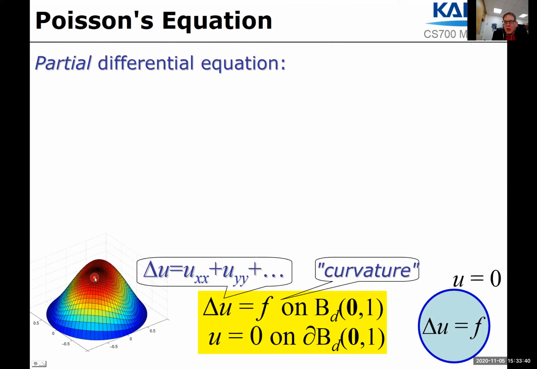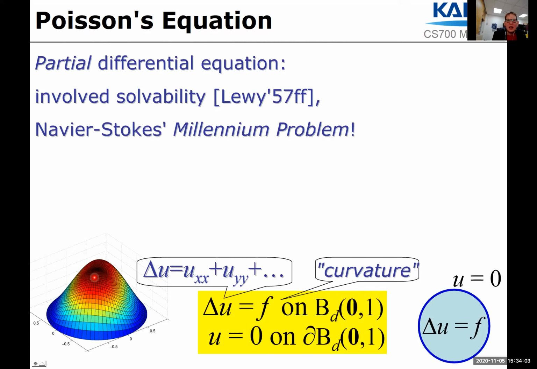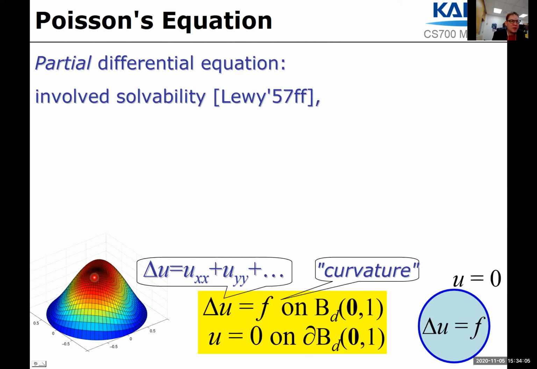Yes, so Poisson's equation is a time-independent partial differential equation, but already mathematically the solution theory for partial differential equations is pretty subtle and involved. For example, there's this example due to Lewy from 1957, who constructed a partial differential equation which does not have a solution.